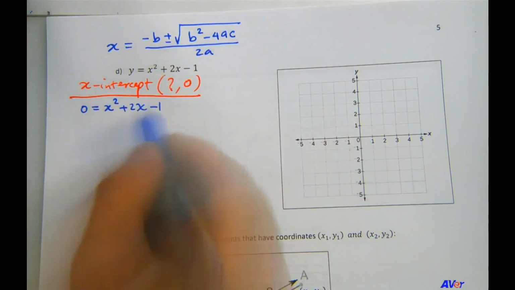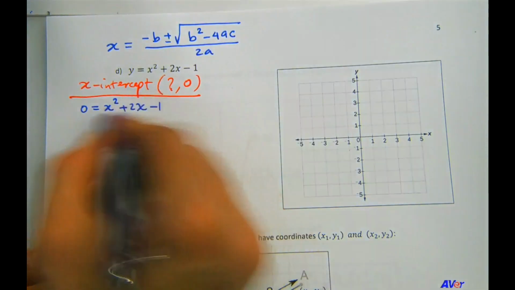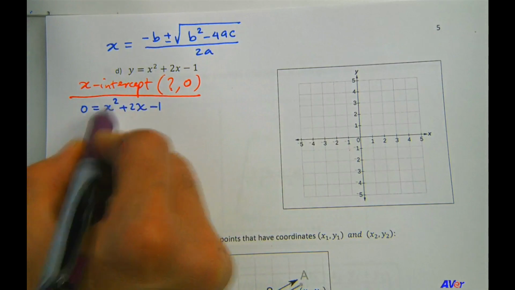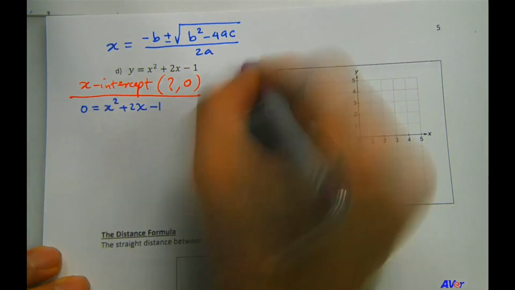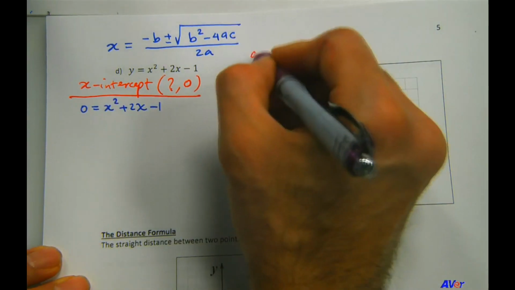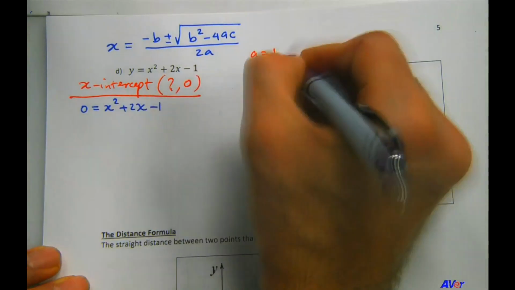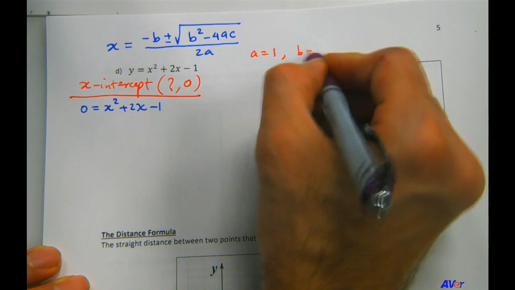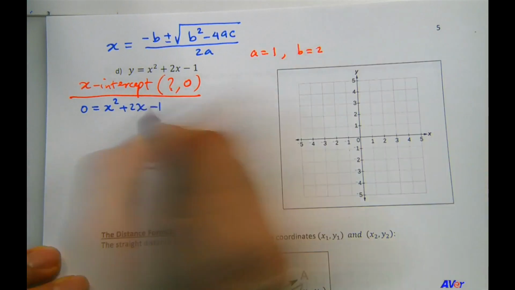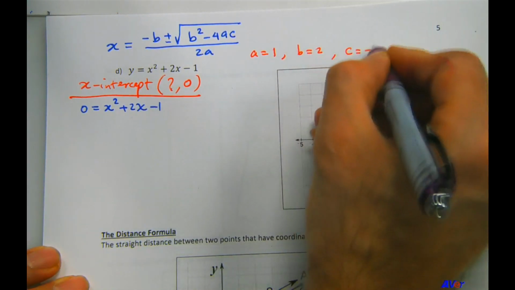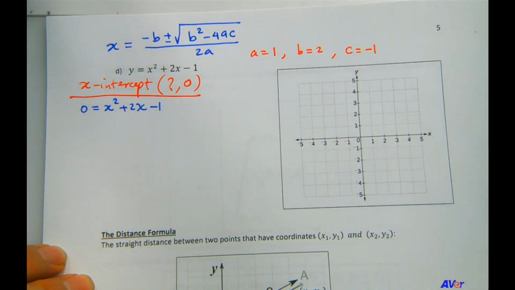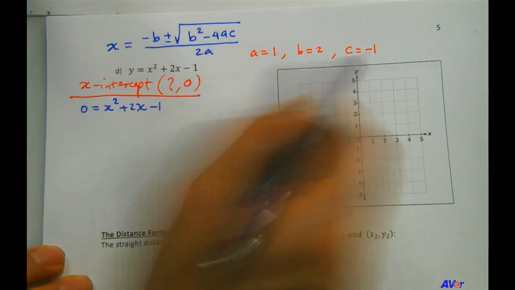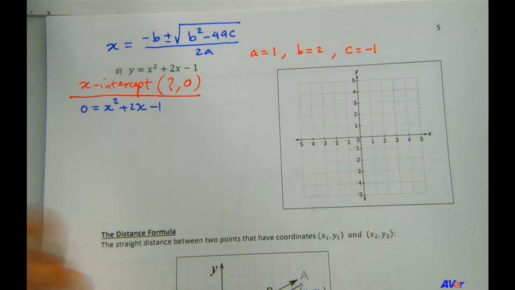In this case, a is the coefficient of the quadratic term, which is x squared. So a in our case is 1. b is the coefficient of the x term, that is 2. c is the constant, -1.